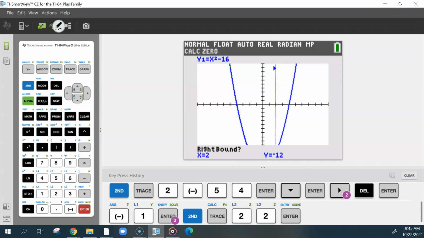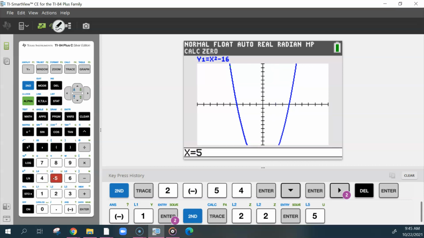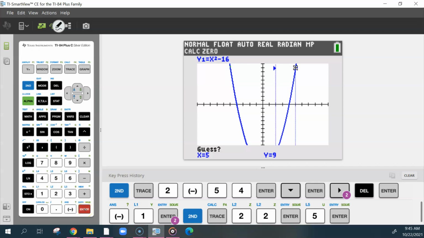Then we need a right bound of this number. Someone give me something to the right of that. 5, 4, 6, all of those work. You're right, 4 would not work because it's on 4. 5 and 6 would work. You could do 4.1 if you want to be technical, but I wouldn't do exactly 4.